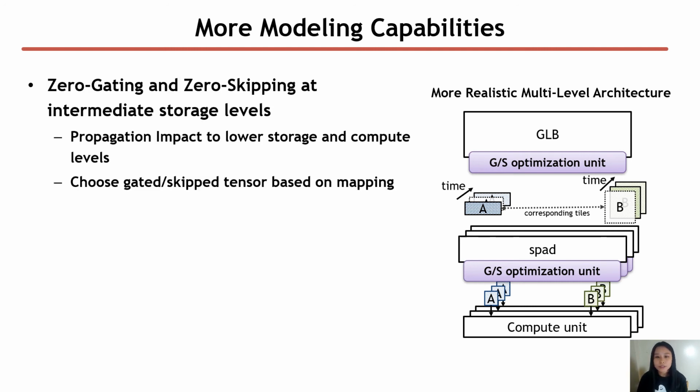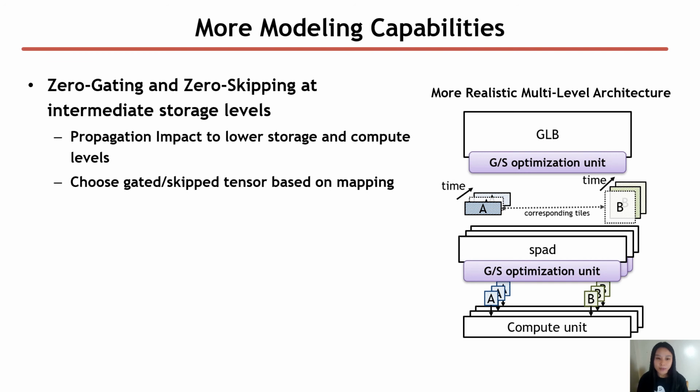So the first more advanced modeling capability is zero gating and zero skipping at intermediate storage level. And as you can imagine, because you're gating and skipping at an intermediate level, there is some propagation impact to the lower storage and compute levels as a result. And there is also the question of how you want to choose this gating or skipping implementation.